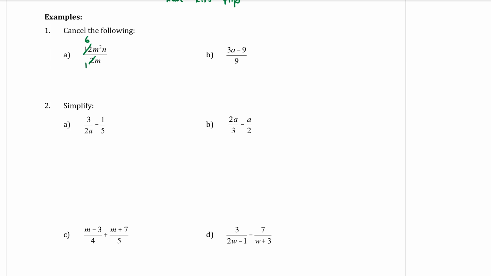With the letters, I have 1m on the bottom, which means I can cancel off the squared and still have 1 left on the top. That's everything cancelled, so I write down what is left. I have a 6mn on the top, and the only thing left on the bottom is a 1. So you can put over 1, which is still technically correct, but when the denominator is a 1, we prefer not to write it because that is more simplified.